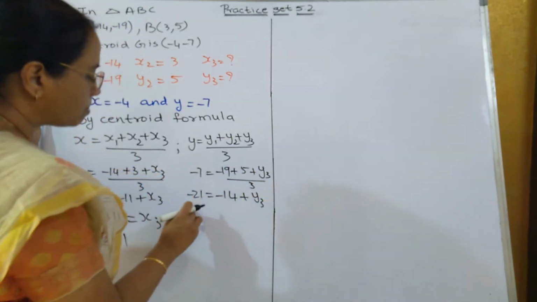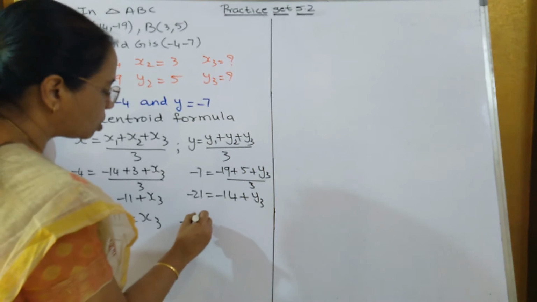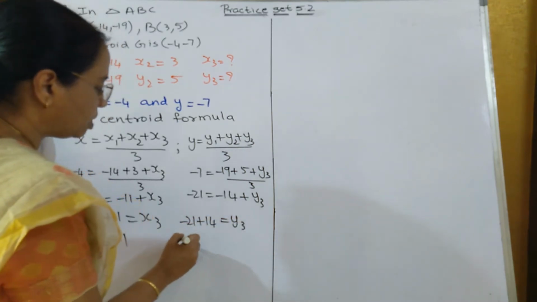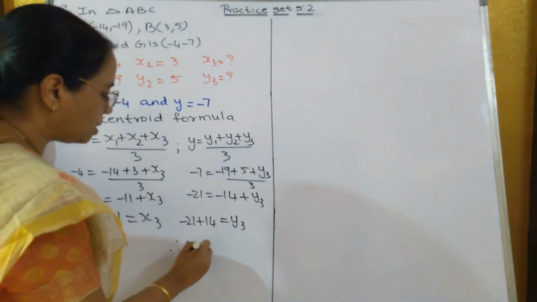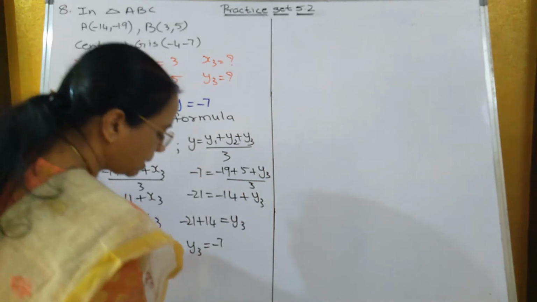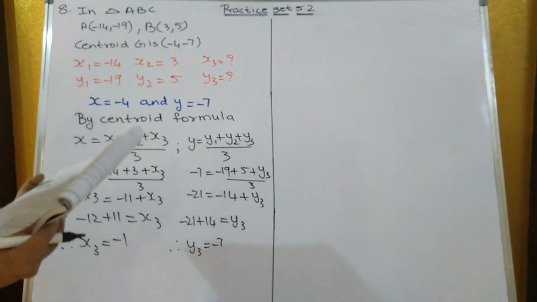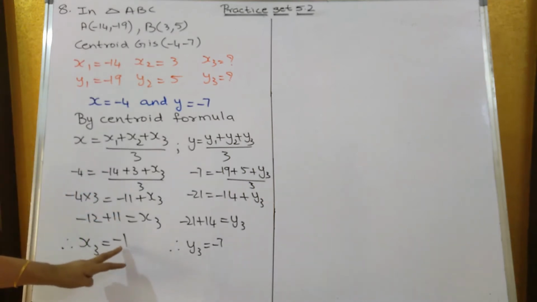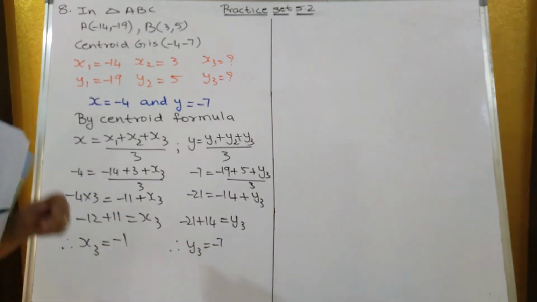Now bring this minus 14 to this side, you get minus 21 plus 14 is equal to y3. Therefore y3 is equal to minus 7. Therefore the coordinates of C are (minus 1, minus 7).